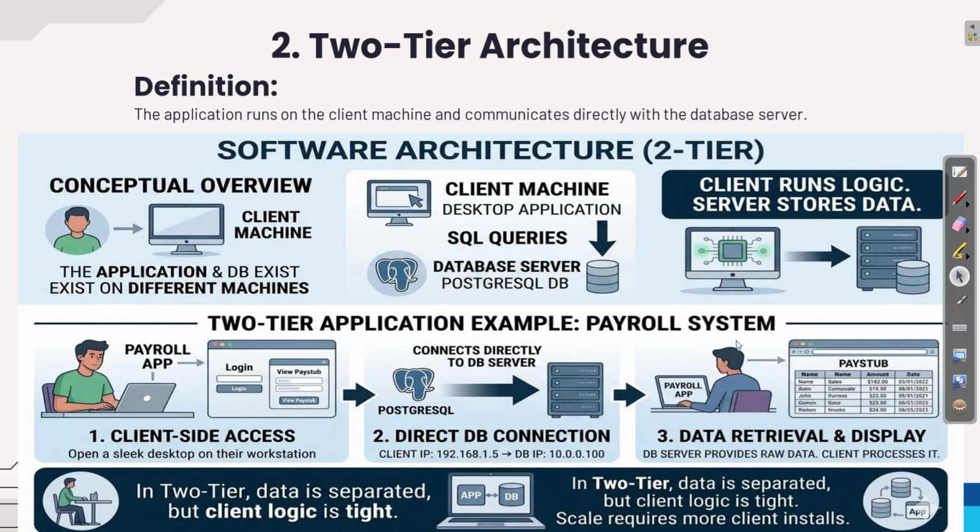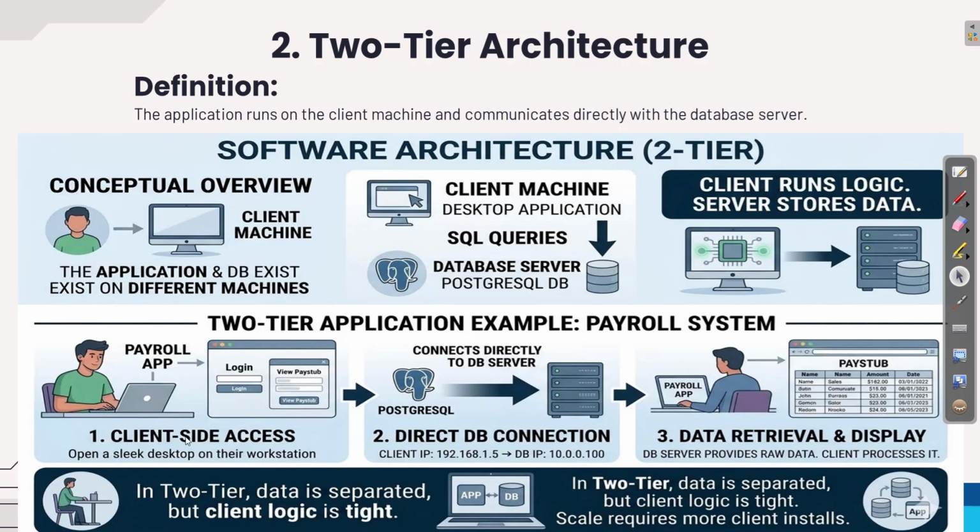Okay, so now let's discuss the two-tier application architecture. In the two-tier architecture, the client machine communicates directly with the database server. So this involves two machines. On one machine we have installed the client application, any application, payroll application or any other application.